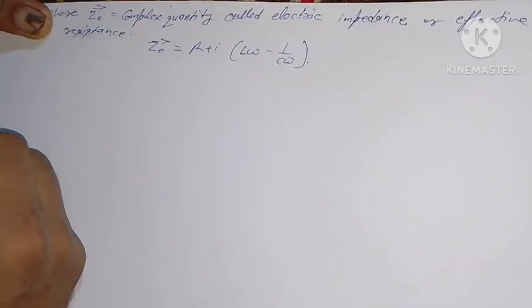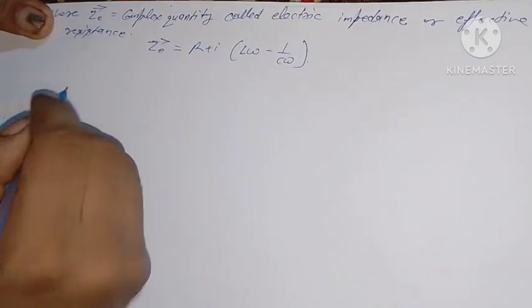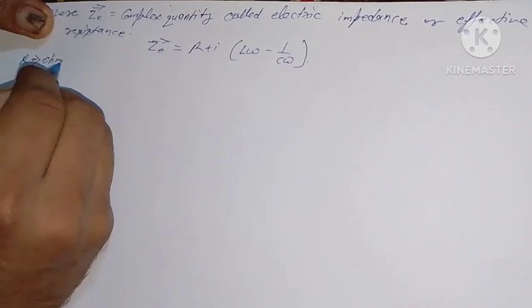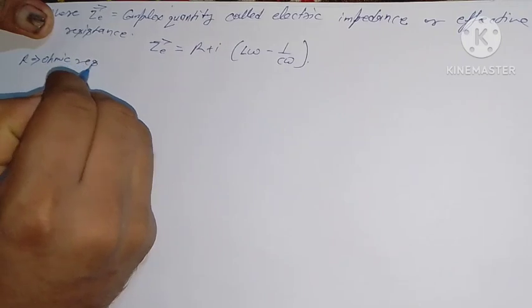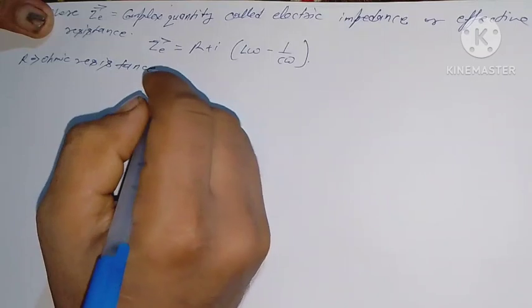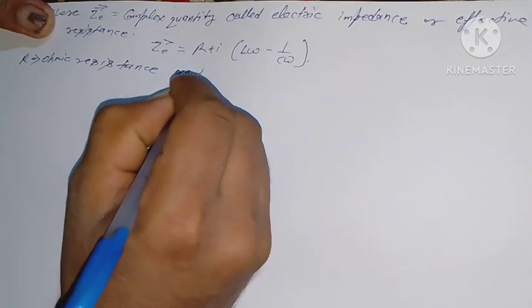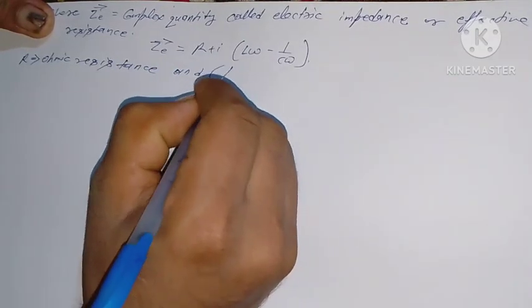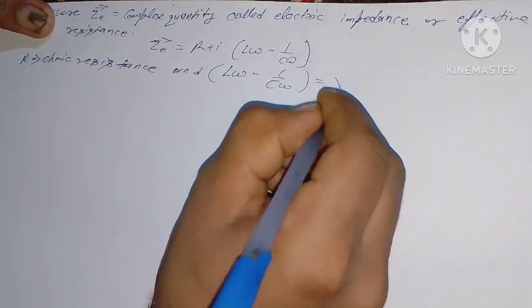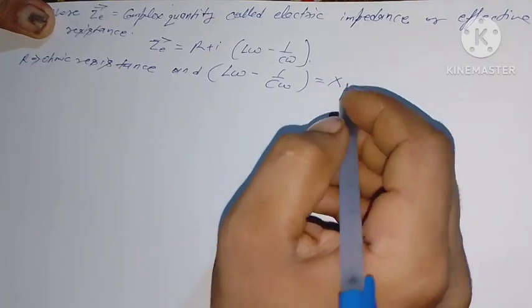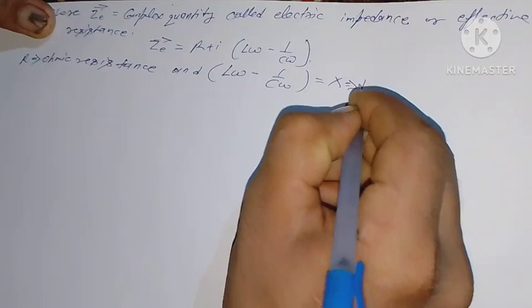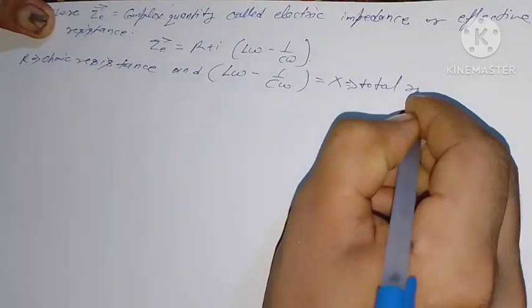R is the ohmic resistance of the circuit, and L omega minus 1 by C omega equal to X is called the total reactance.